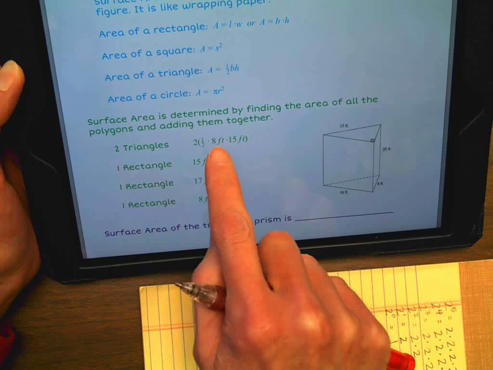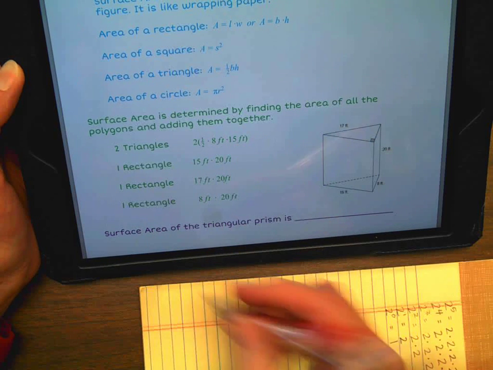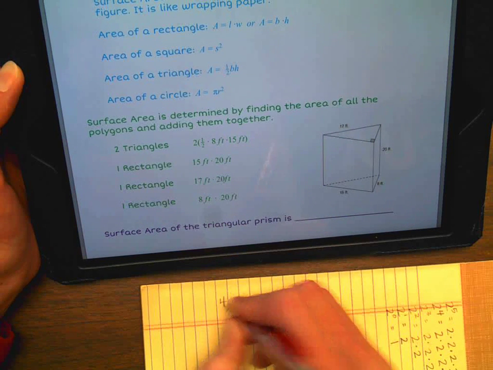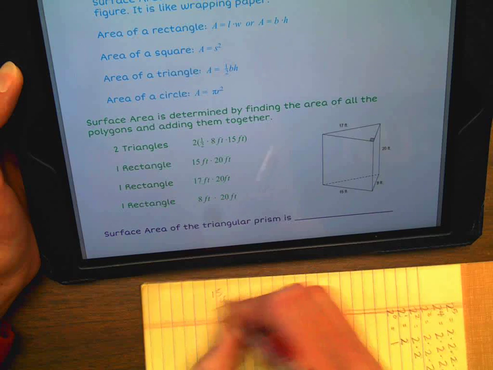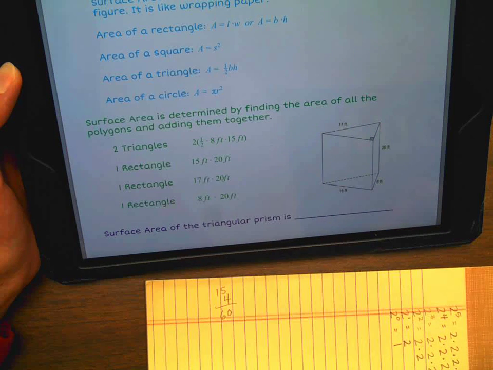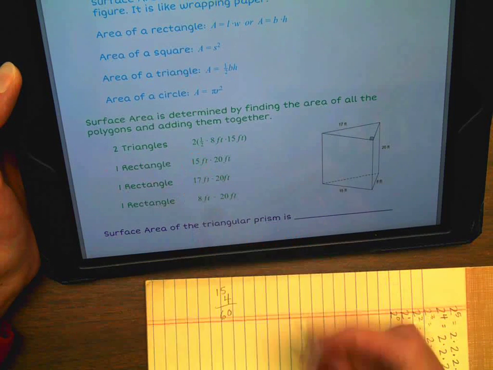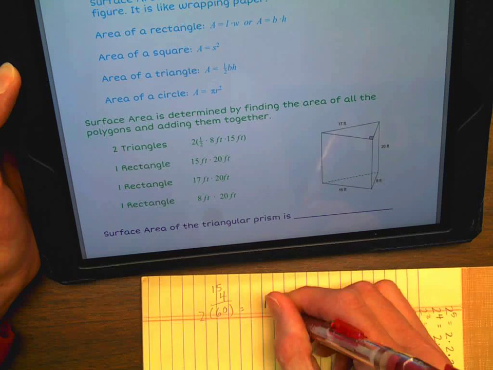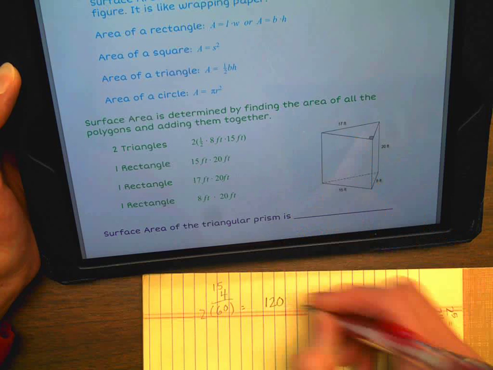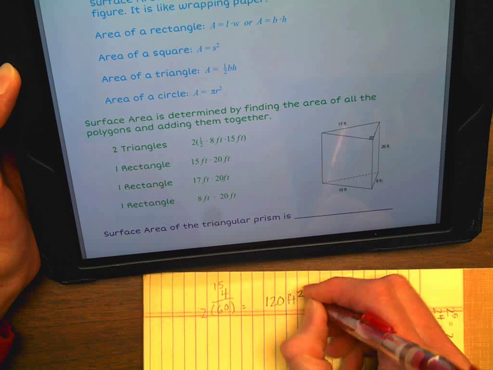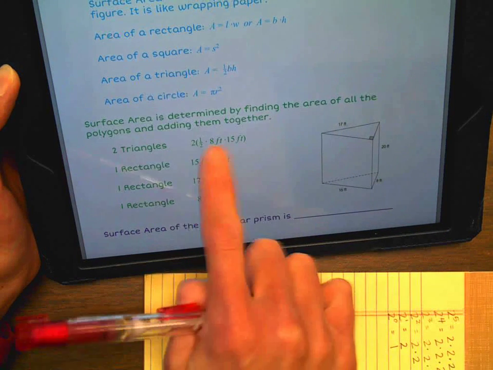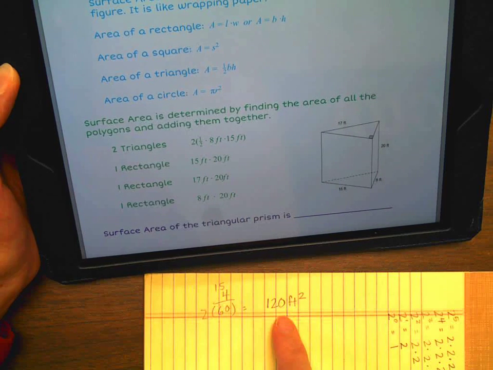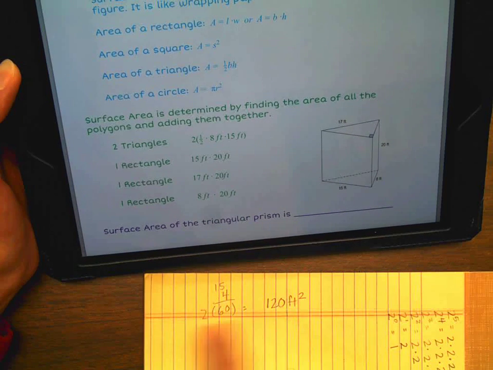So if I take half of 8 and times it by 15, well, half of 8 I know is 4 times 15 gives me 60. Then there's two of them, so I have to multiply this whole thing by 2, so I get 120. And you'll notice that your units of measure are feet squared. Has to be squared because I multiplied two of them together, and so that's where we get 120 feet squared.